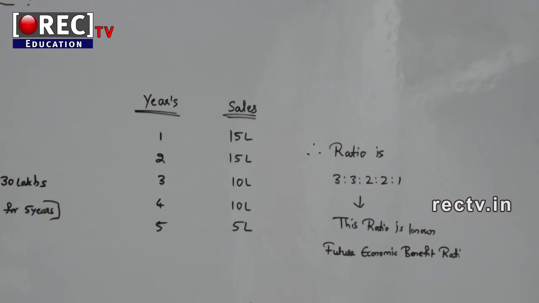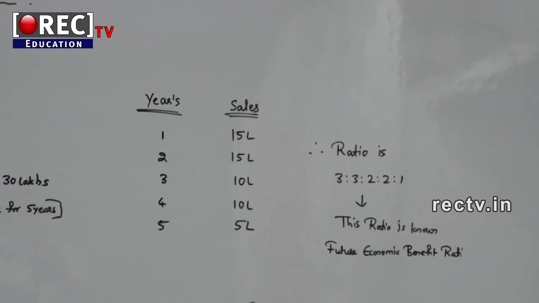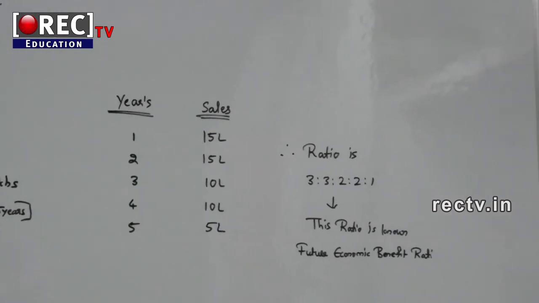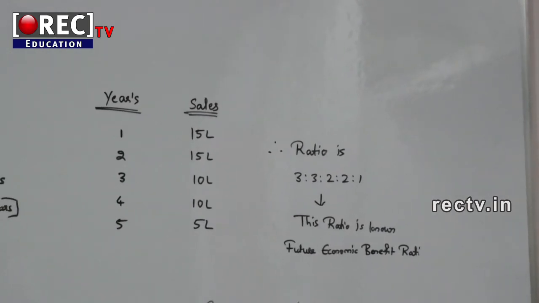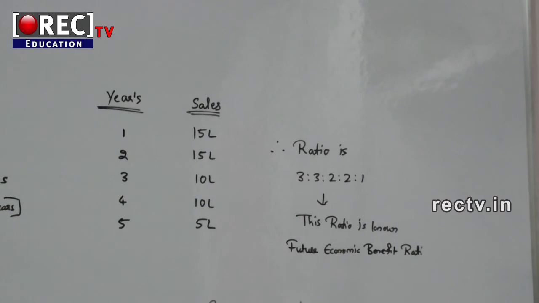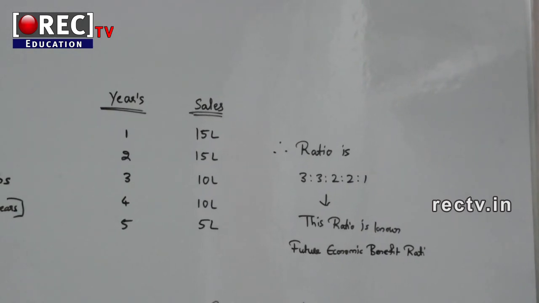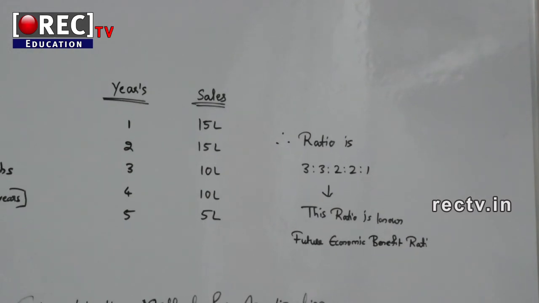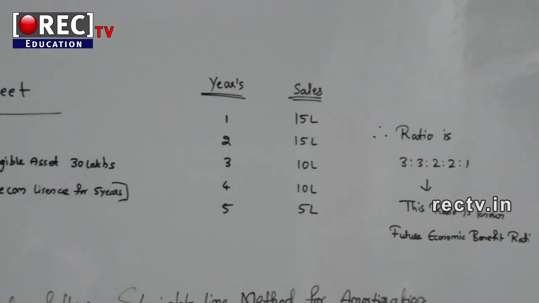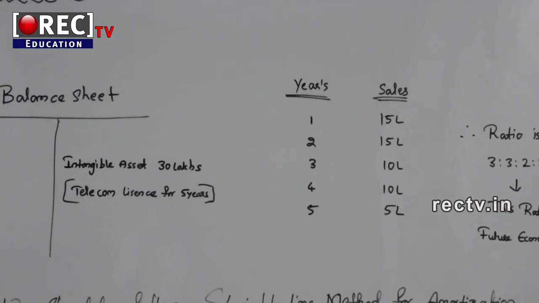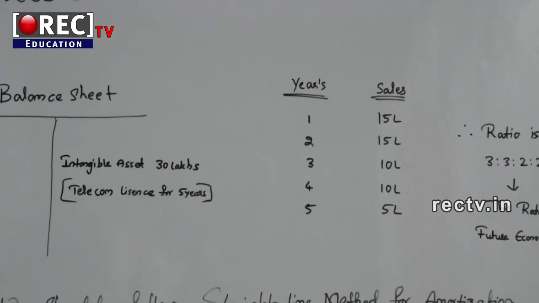Now, we will take it as a ratio. So we got a ratio of 3:3:2:2:1. This ratio is known as the future economic benefit ratio. It is because the 30 lakhs shown in the balance sheet is the intangible asset, a telecom license for 5 years.